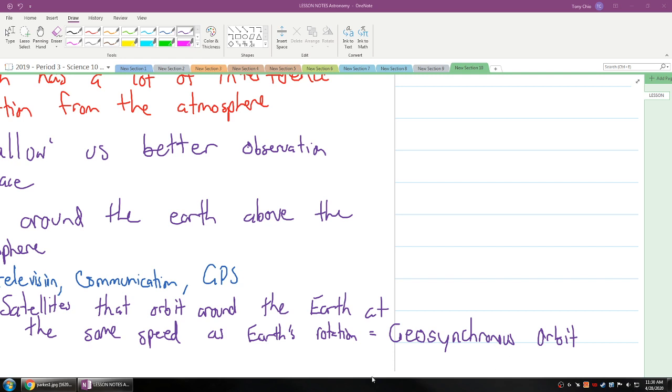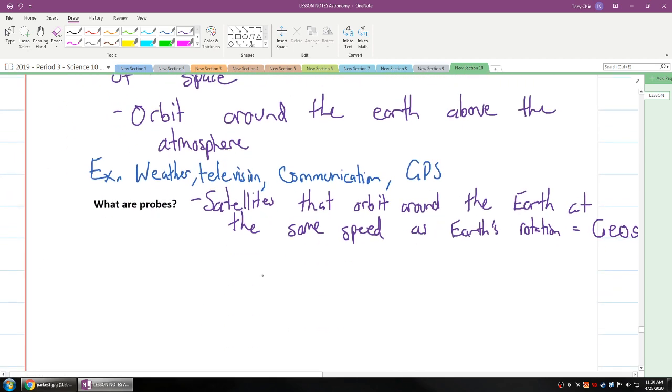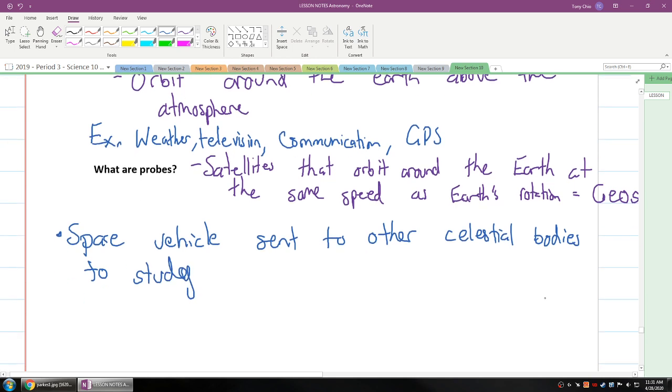Now, what are probes then? Because there's something called a probe. Well, a probe is defined as a space vehicle sent to other celestial bodies to study.